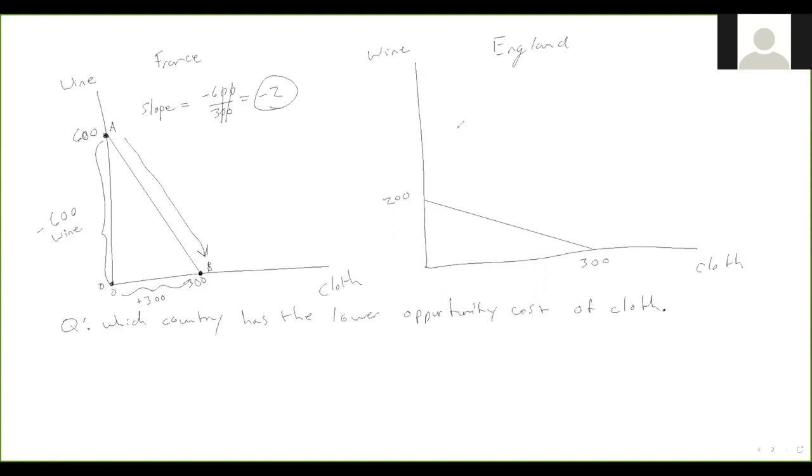For England, we can do the same thing. This is point A, point B, and we move between them, A to B. We give up 200 bottles of wine to gain 300 yards of cloth. So in England's case, the slope is going to be minus 200 over 300, or minus 2/3.